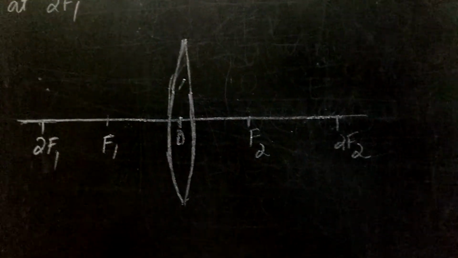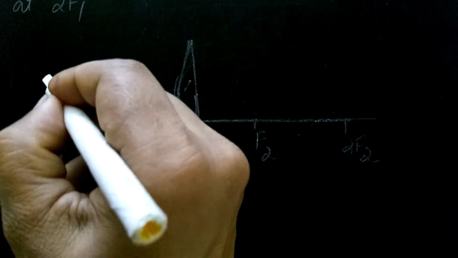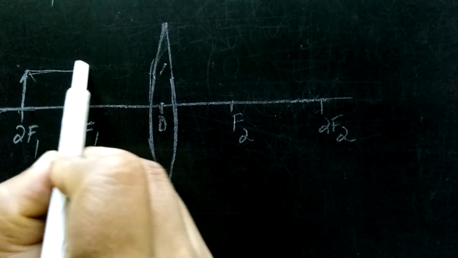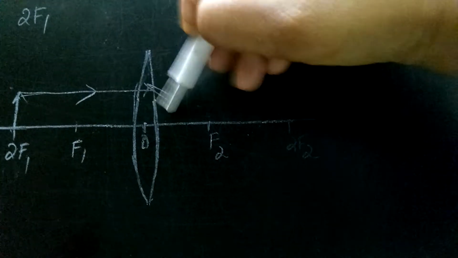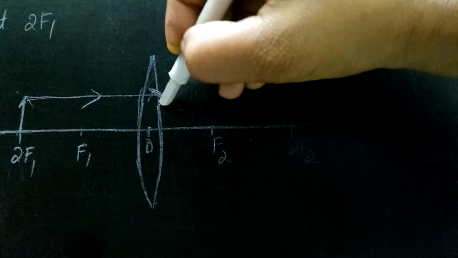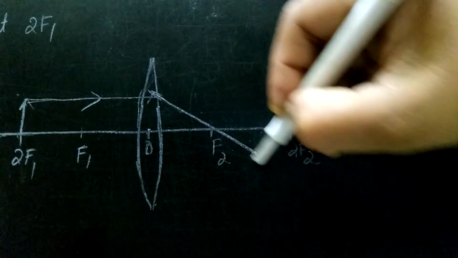So first you have to keep the object at 2F1, and the first light ray parallel to the principal axis, after refraction, passes through the principal focus.